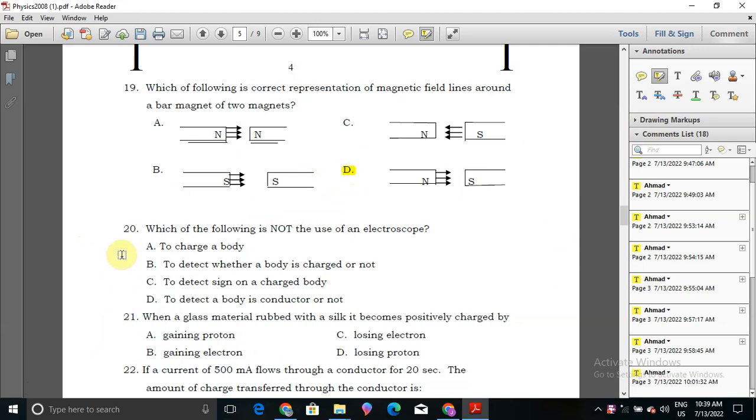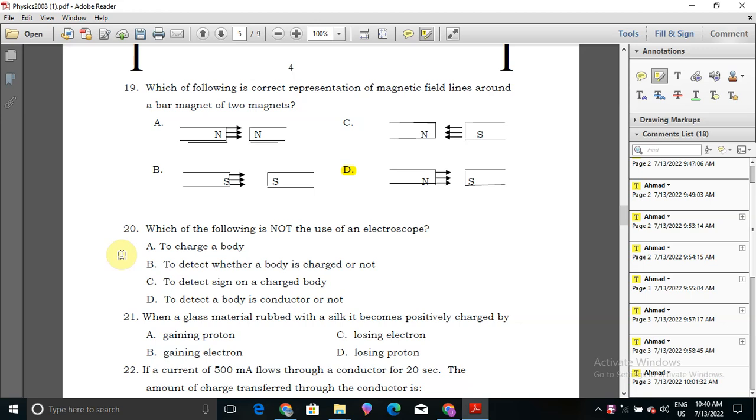Okay, in question number 20, which of the following is not the use of an electroscope? We have here: to charge a body, to detect whether a body is charged or not, to detect the sign on a charged body, or to detect a body is a conductor or not. First of all, the uses of an electroscope are to illustrate that charges move throughout metals, to test whether a body is charged or not, and also to detect the sign of a charge on a body.